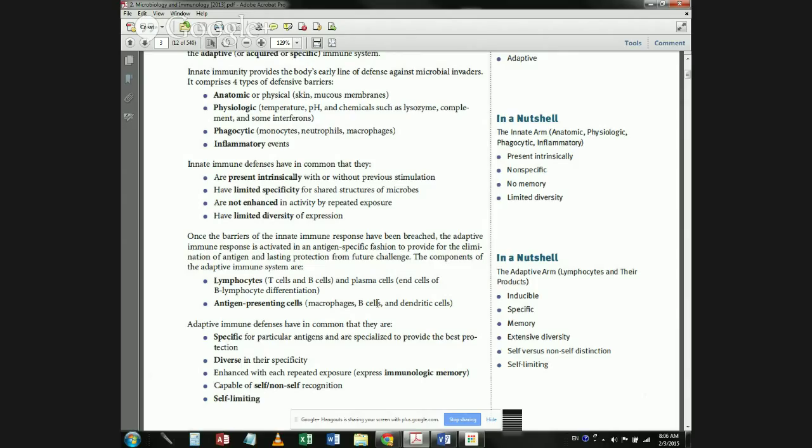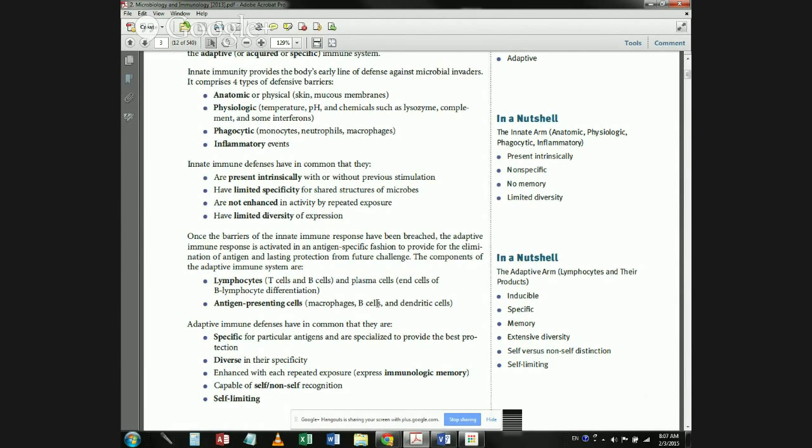But lymphocytes, such as T cells and B cells, and plasma cells and cells of B lymphocyte differentiation, they are specifically adaptive. Antigen-presenting cells, such as macrophages, B cells, and dendritic cells. So remember, macrophages and monocytes are two different. Well, monocytes become macrophages. Monocytes are in blood, but once they get into the tissue, they become macrophages, from what I remember, which makes it specific, I suppose.